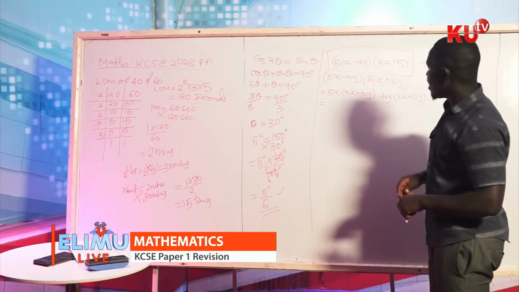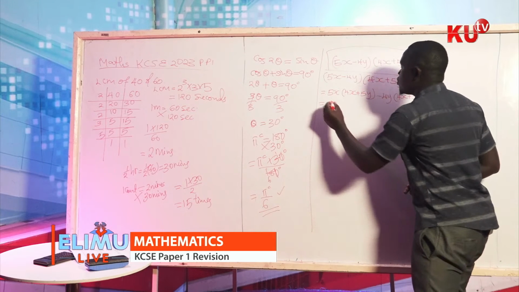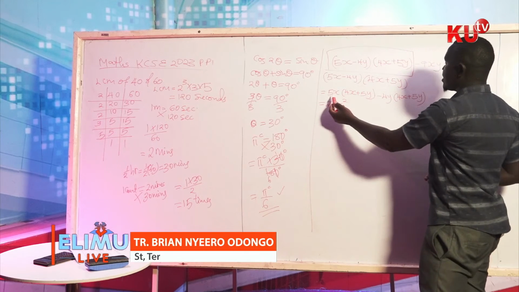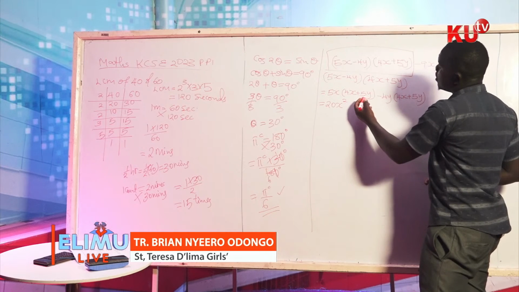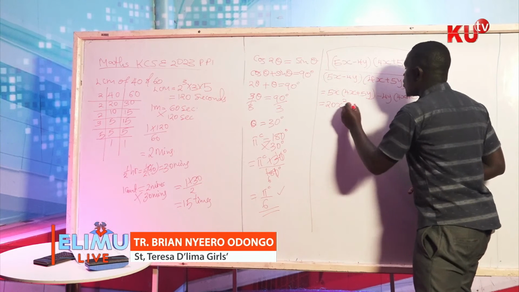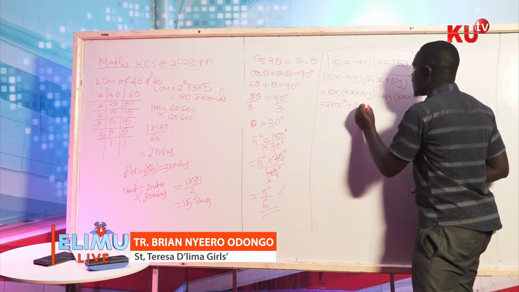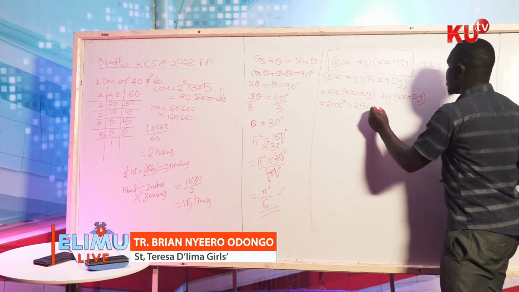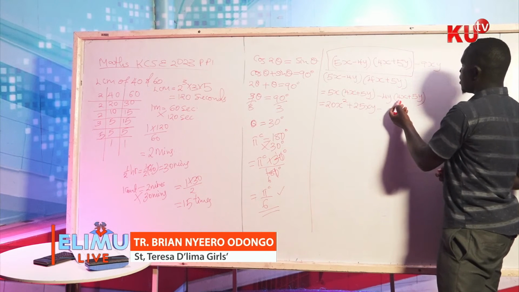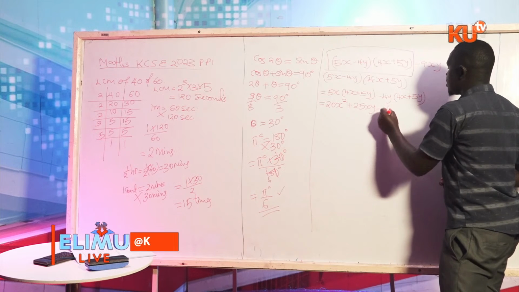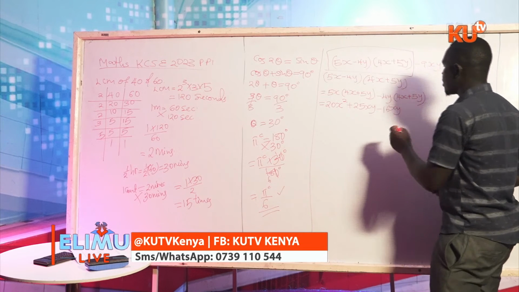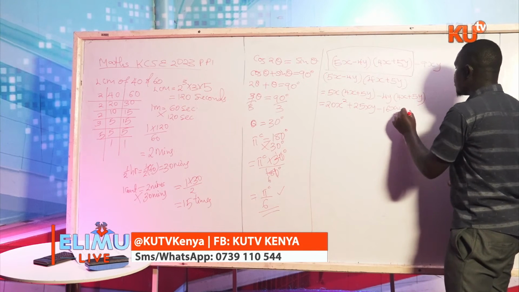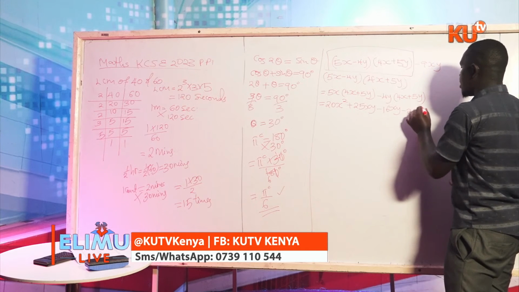Now, 5x times 4x gives you 20x squared. 5x times 5y gives you positive 25xy. Then this is now minus 4y times 4x, which gives you 16xy. Then negative 4y times positive 5y gives you negative 20y squared.